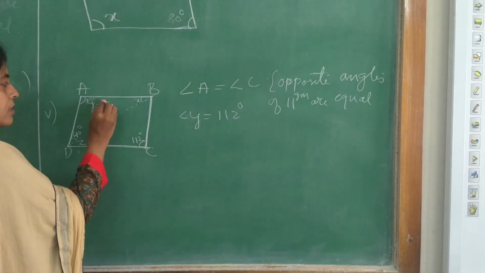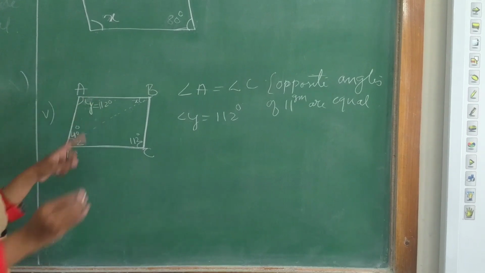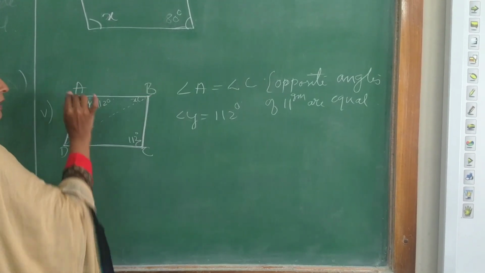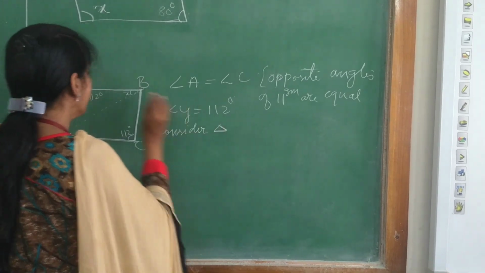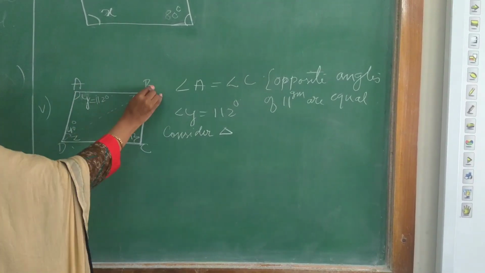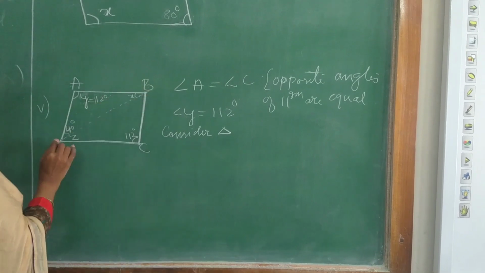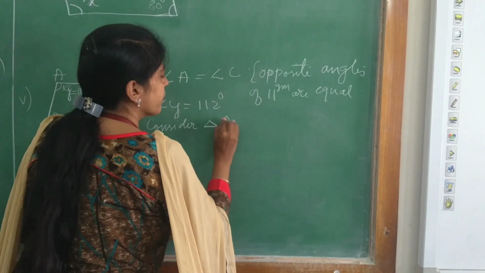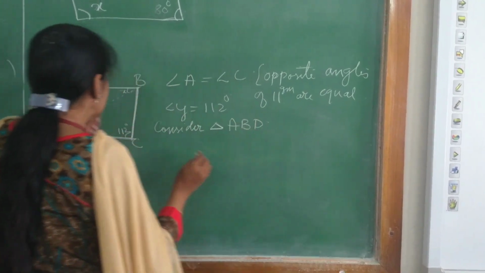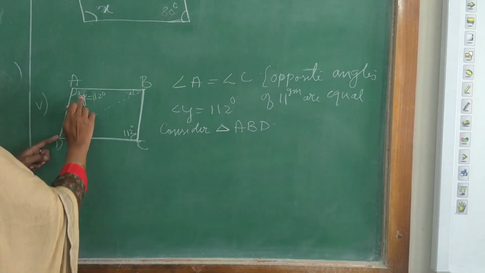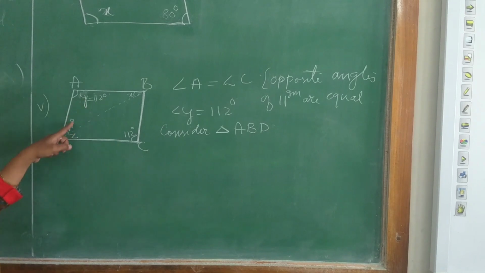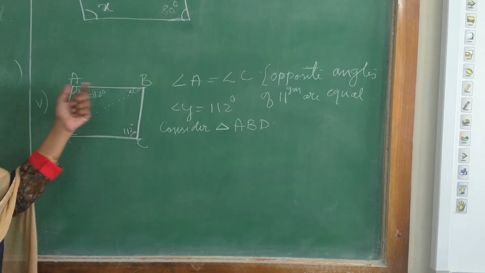Once you know this, you can see this forms a triangle. Let us consider triangle ADB, or you can name it ABD. In this triangle, we can see that two of the angles are known, and the third can be found by using the angle sum property.